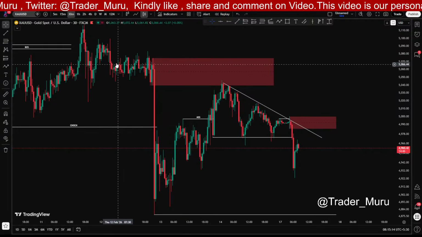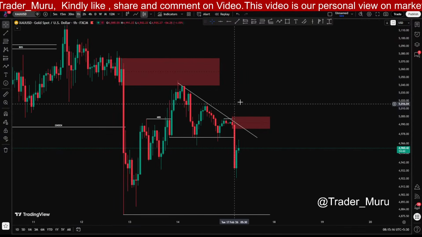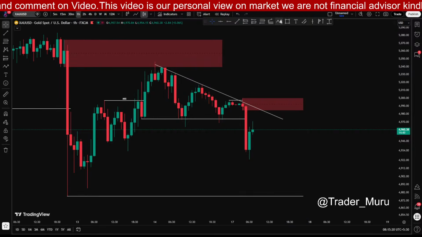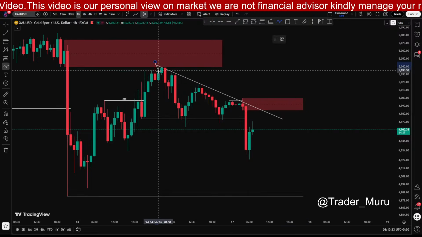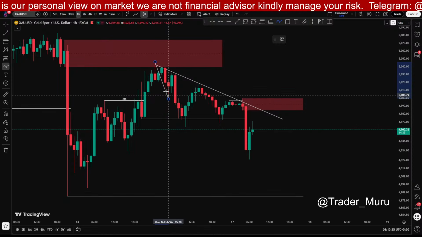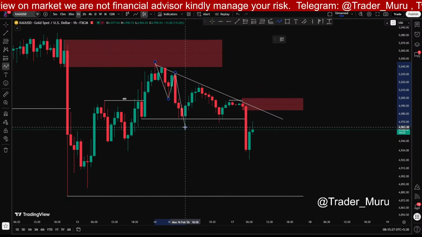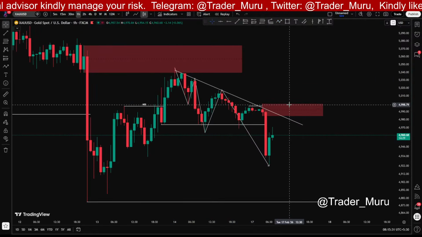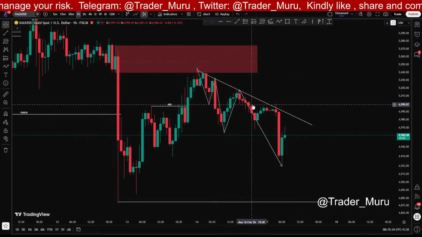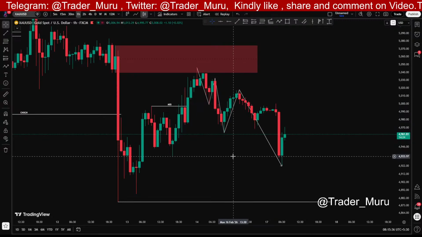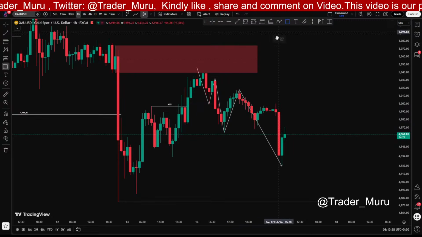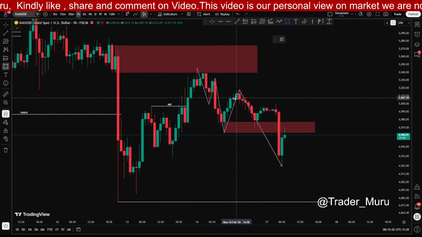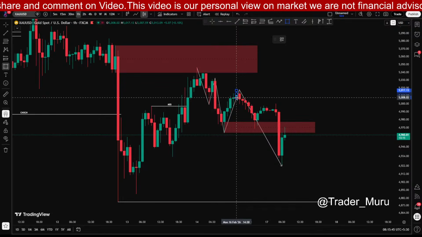So this low is already broken, and in the 1-hour time frame, as you clearly see, we have 5 waves. This is our 1, 2, 3, 4 and 5. So from these 2 zones, gold should be dropping below this low. First is this, and second is this.